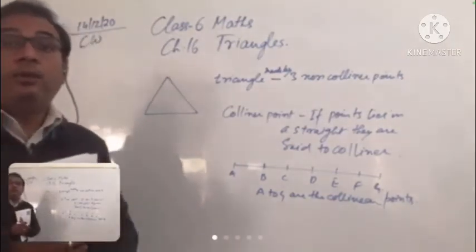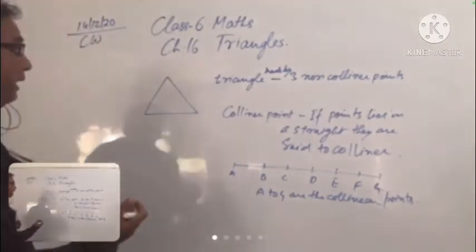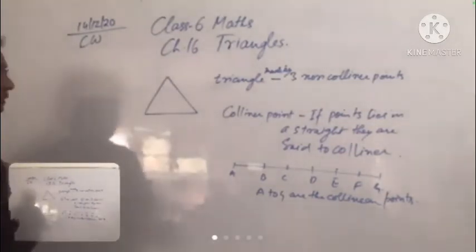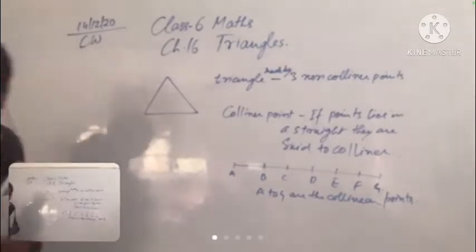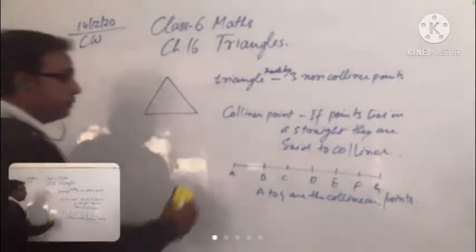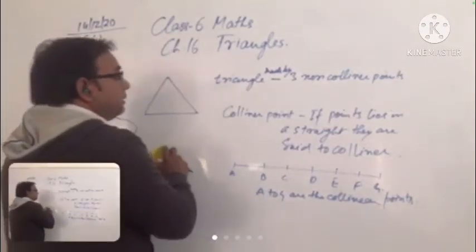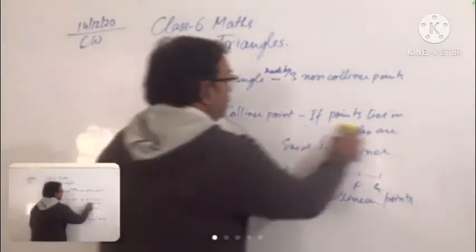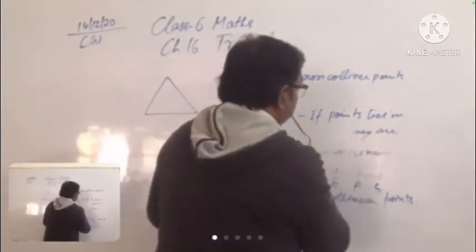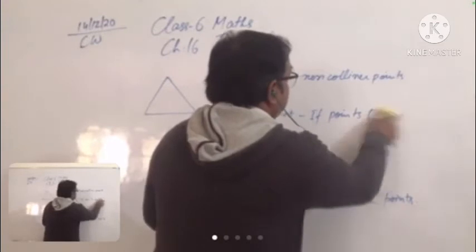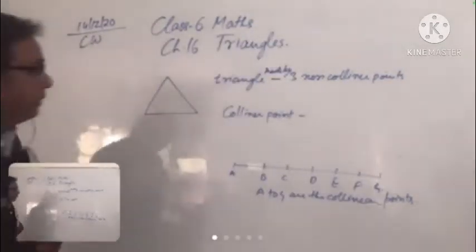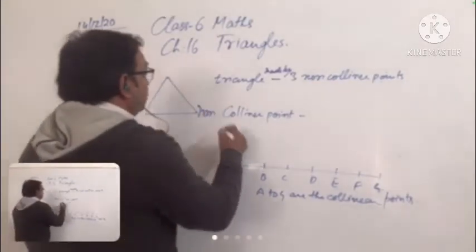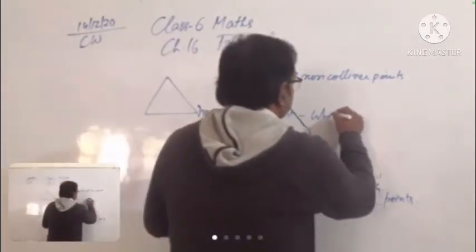Now see non-collinear points. Non-collinear points are those points which do not lie in a straight line. Means when the points are not in a straight line, we get three different points, or four different points, or five different points.